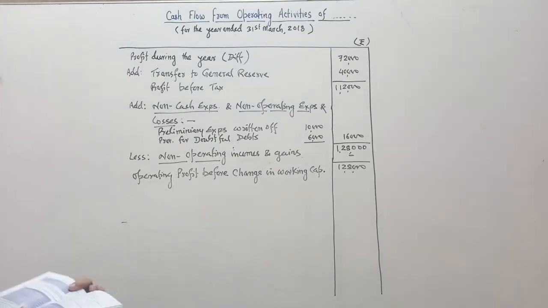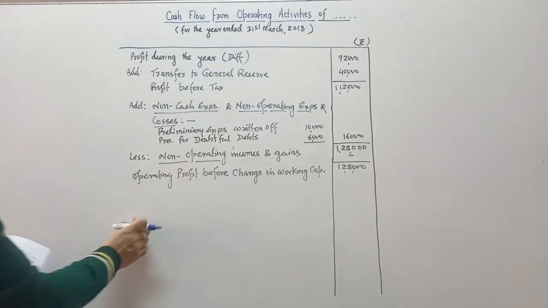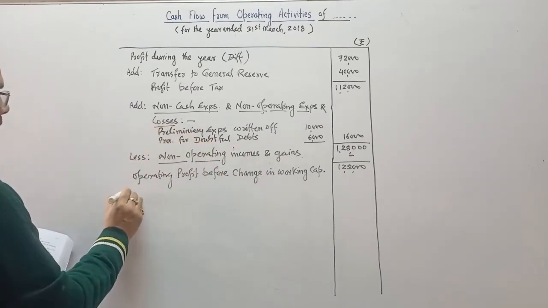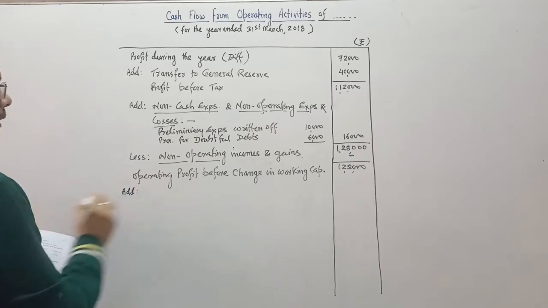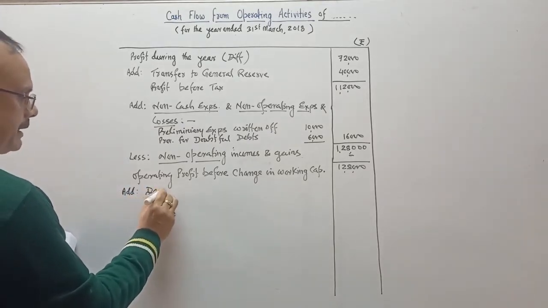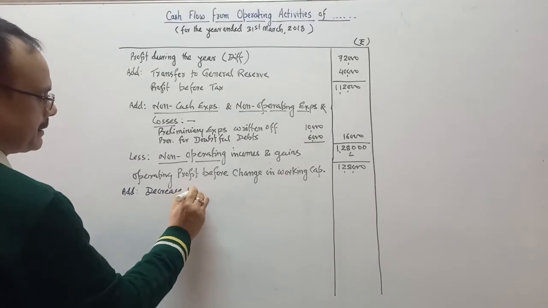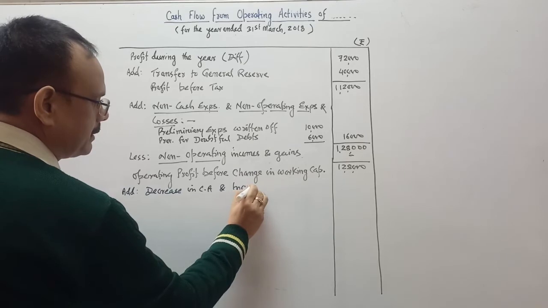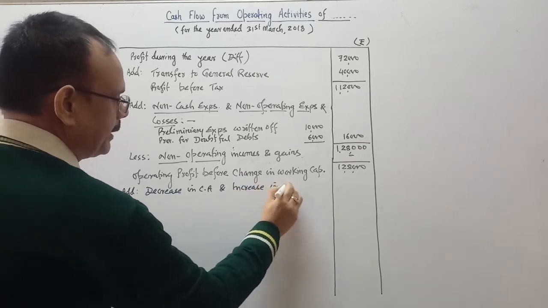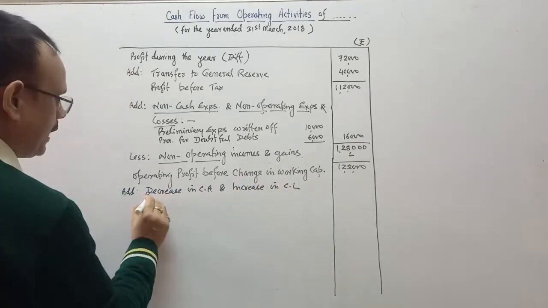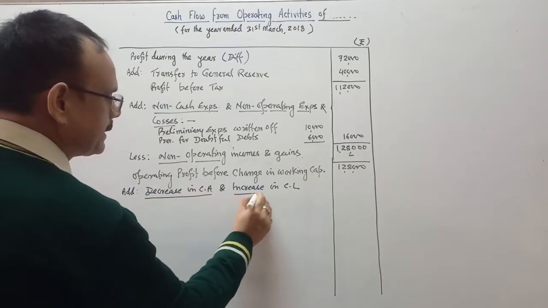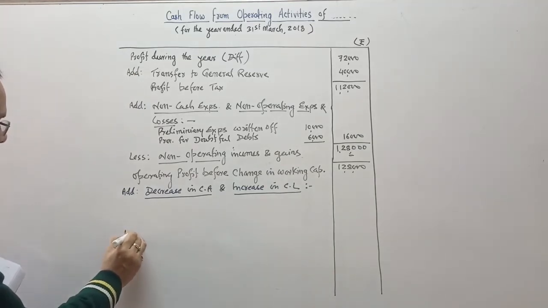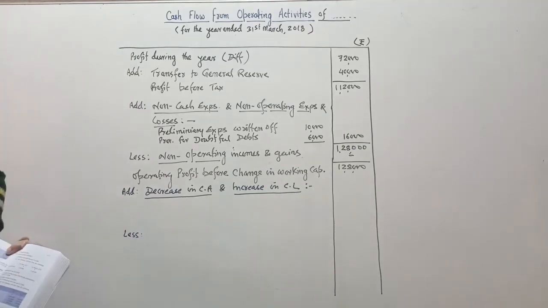Now, after knowing the operating profit before change in working capital, you add decrease in current assets and increase in current liability. Decrease in current assets and increase in current liability will be added, and vice versa will be deducted from the previous figure.